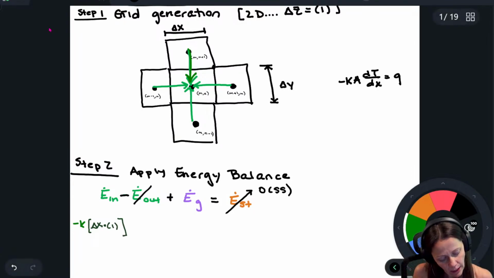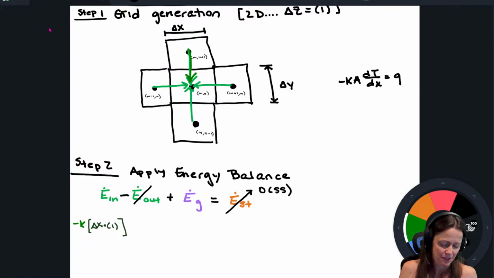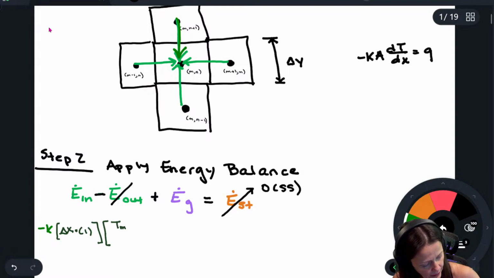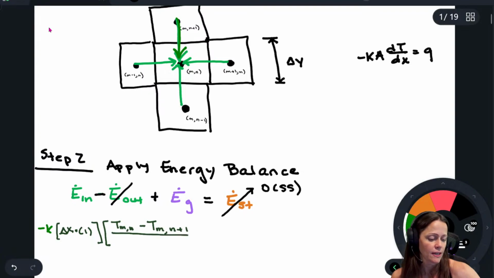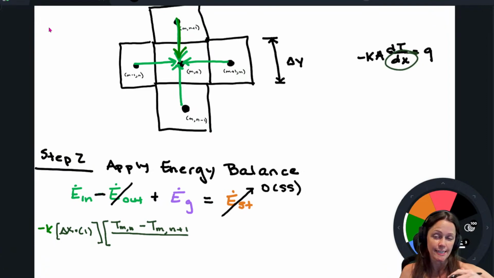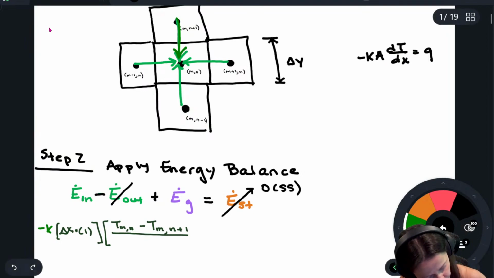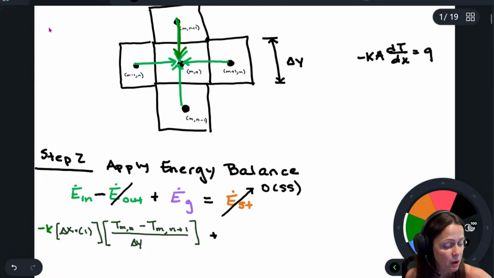Now I've got the dT/dx part, which is not really a dT/dx. The dT is going to be T_mn minus the temperature of that neighboring node, T_m,n+1. And this dx just represents the distance between those two temperatures, which is delta y. Perfect.